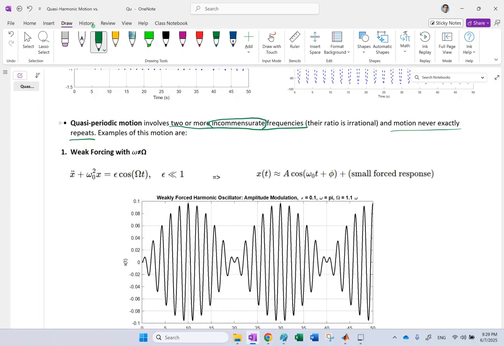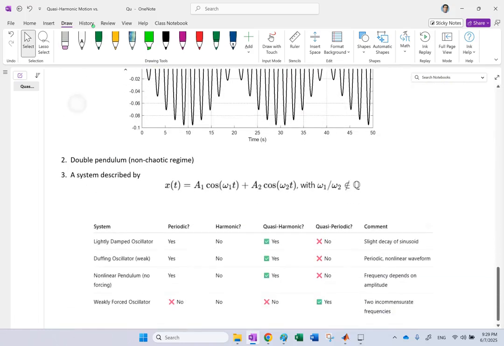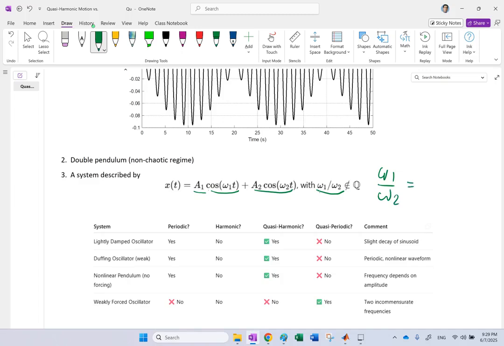Means the ratio of those frequencies is not a rational number. Any system like this has A1 cosine omega 1 t and A2 cosine omega 2 t, where the ratio of omega 1 over omega 2 cannot be expressed by the ratio of two integer numbers like m over n. You can never find any two integer numbers that, if you divide them, give the ratio of omega 1 over omega 2.